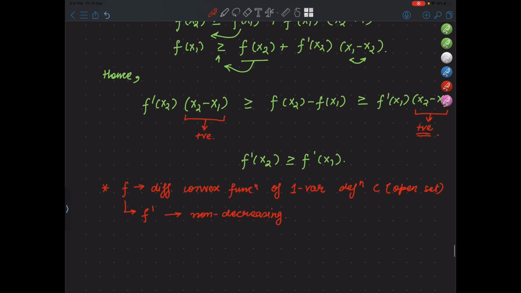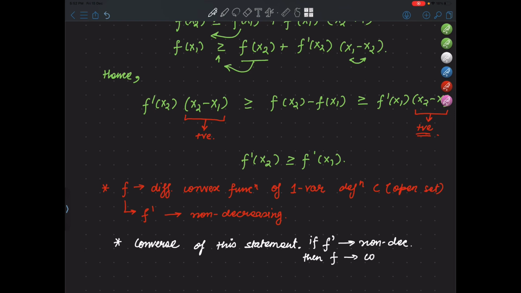And it turns out that the converse of this theorem is also true. That is, if we have a single real valued function of one input whose derivative is non-decreasing, then f is convex.